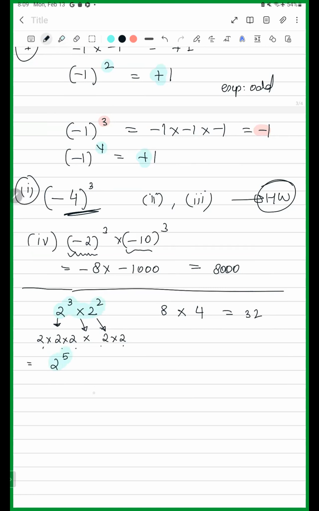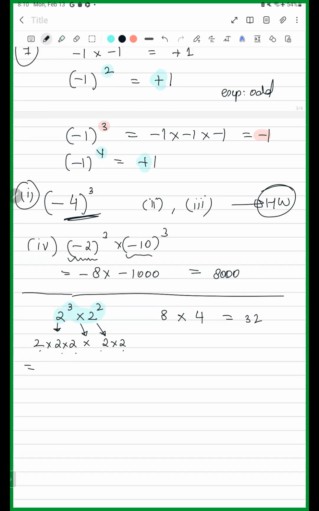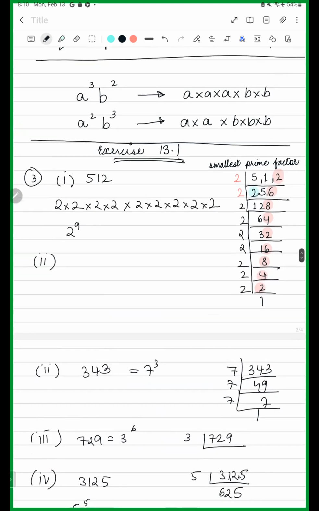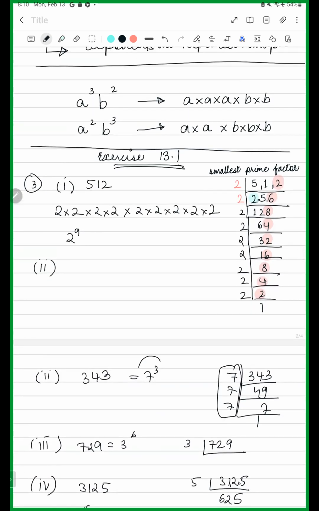I understand that 3 plus 2 is 5, that's why we wrote 5, but how is it 2? Heba, don't look at 3 plus 2 right now. Just look at how you would write this. So far, here you had 7 into 7 into 7, so you wrote it as 7 to the power 3.